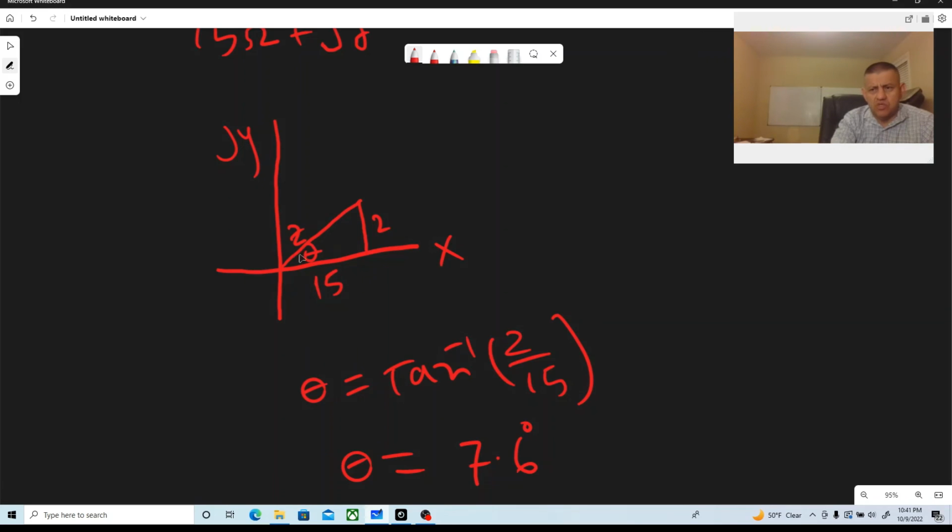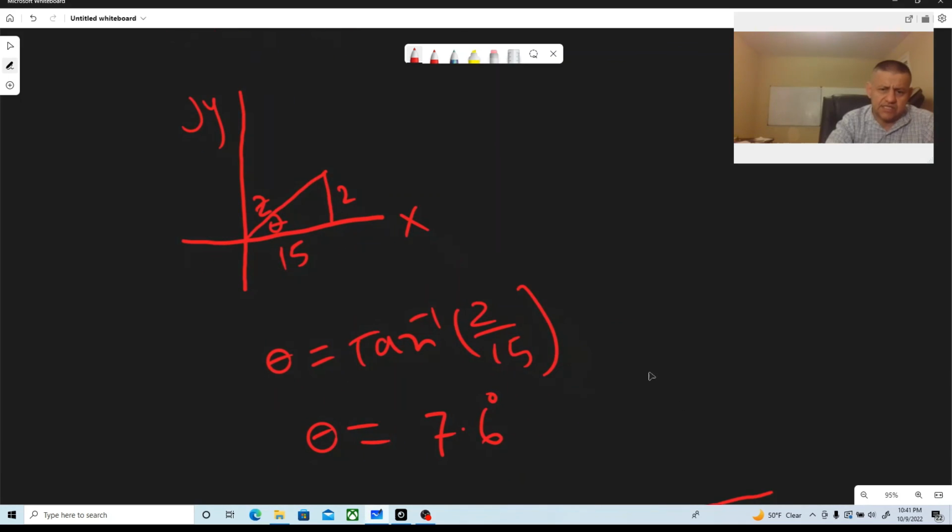So maybe eventually we'll do a problem where the triangle is in the second quadrant or third quadrant, where we have negatives. But we're looking for the angle counterclockwise in the polar coordinate system.